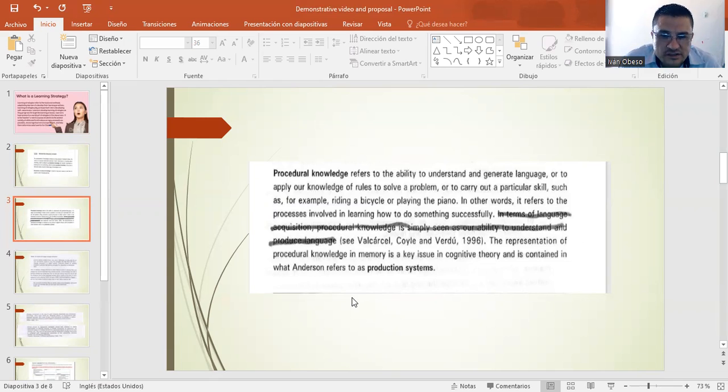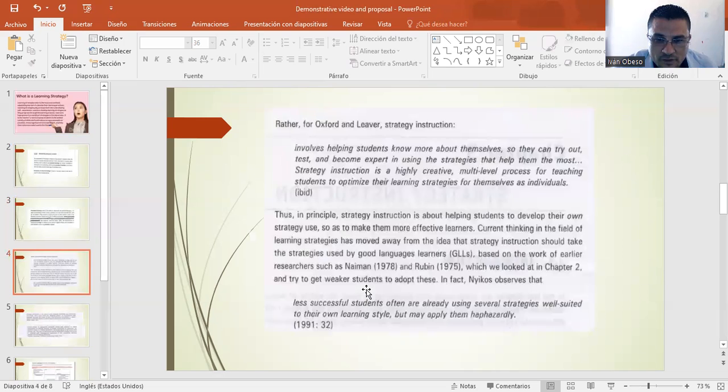In terms of language acquisition, procedural knowledge is simply seen as our ability to understand and produce language. The representation of procedural knowledge in memory is a key issue in cognitive theory. It is contained in what Anderson refers to as a production system.